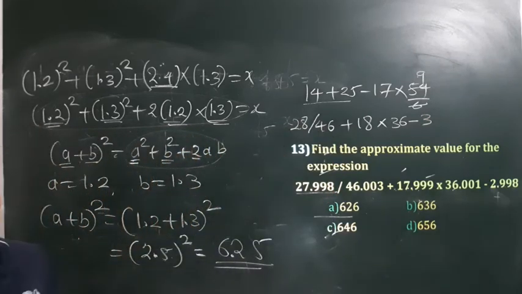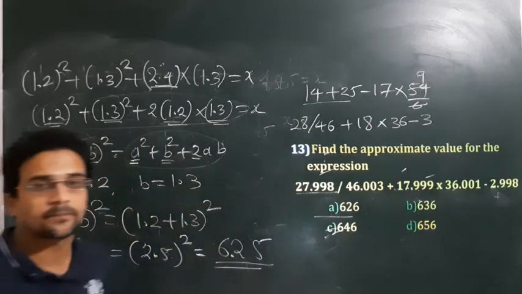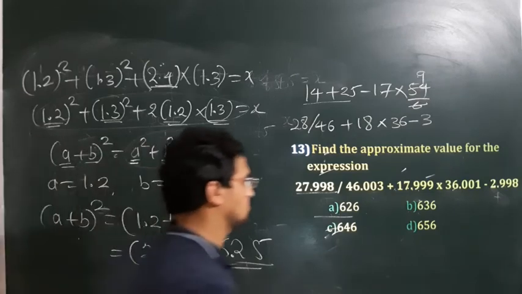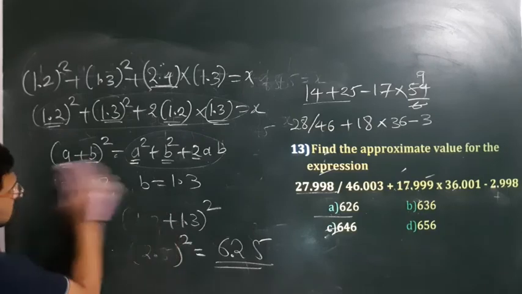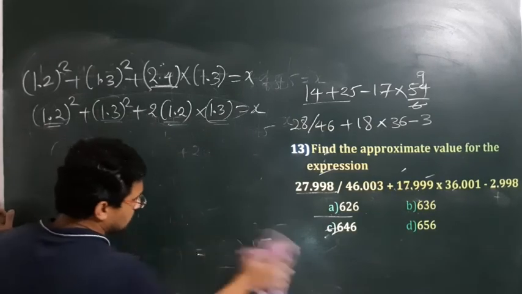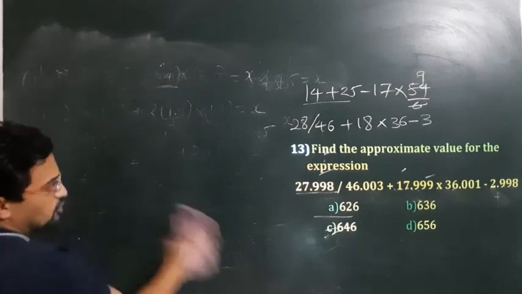I will tell you the answer: 646, answer C. Just try to solve, because we will not waste time on this. I already told you how to solve. BODMAS rule you have to apply.